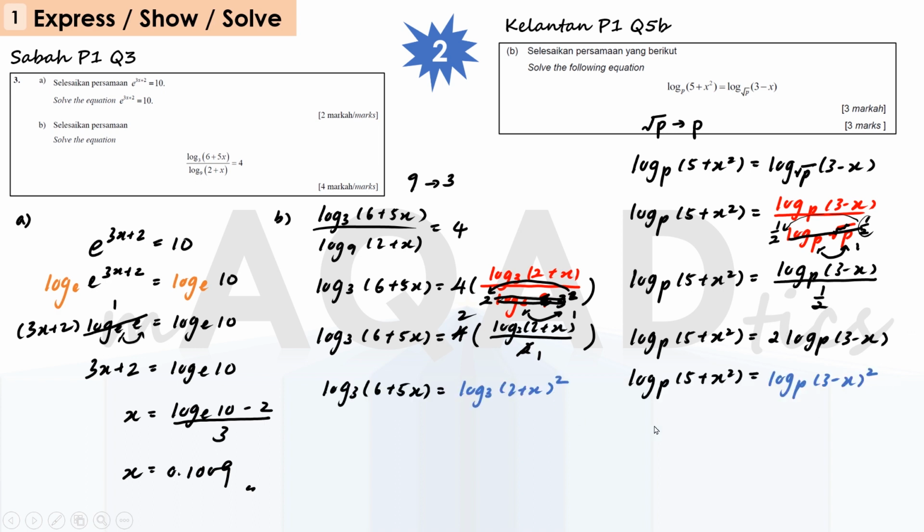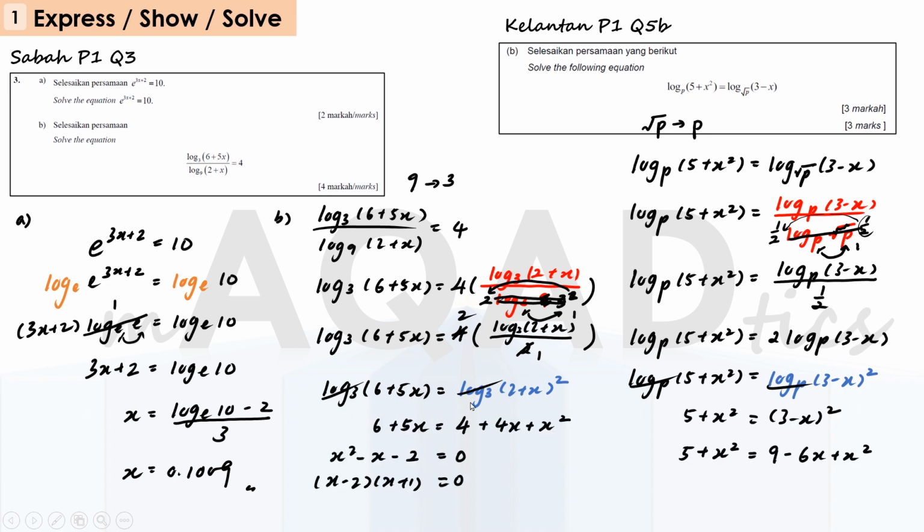So it will be something like this. Here we don't need to use the third step because both sides have log. So what we can do is just cross off the log, because we just want to compare the values inside the log, to find the value of x.